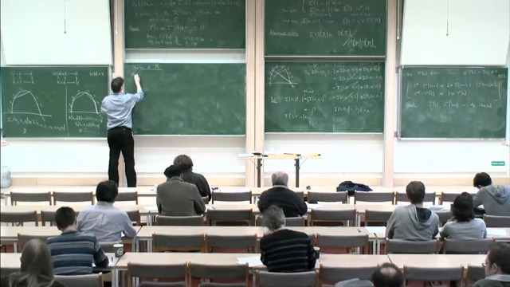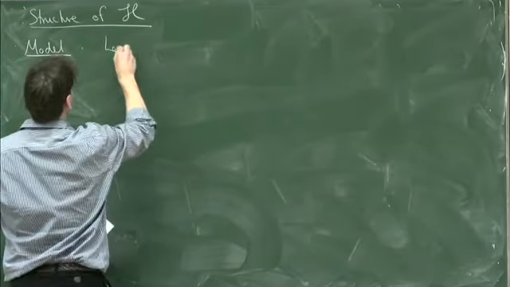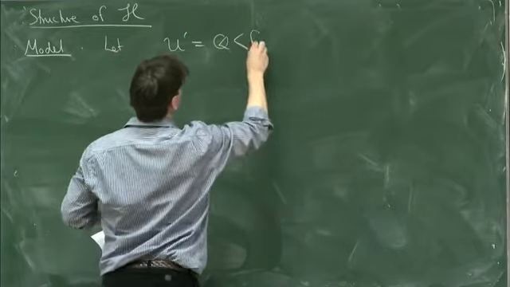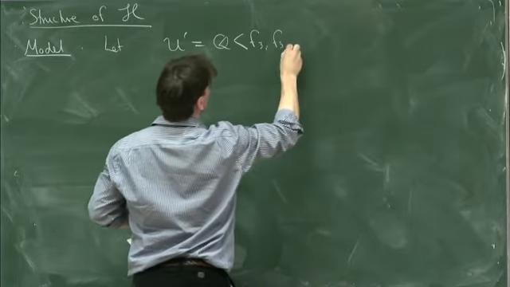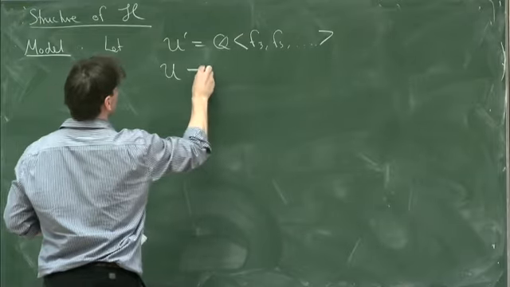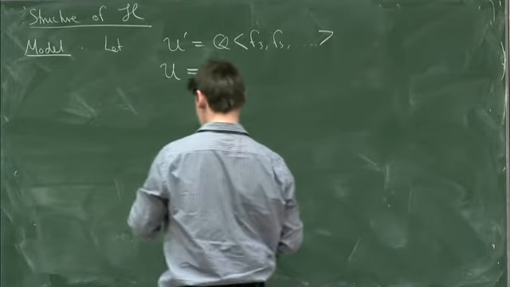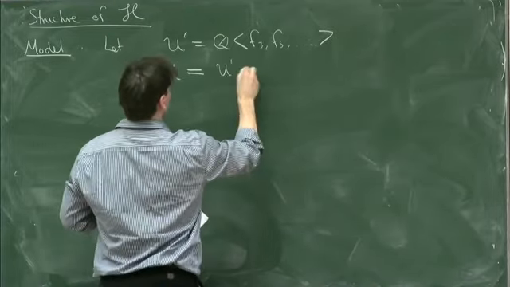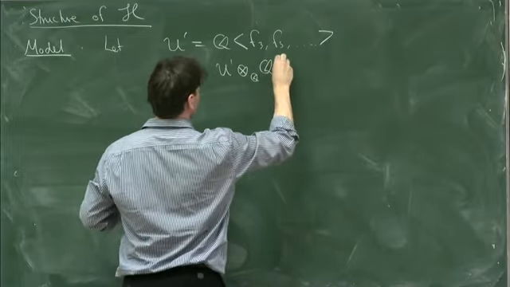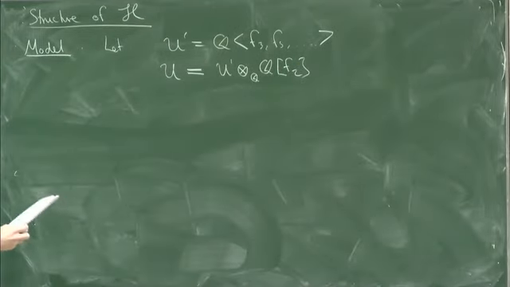Let me construct a model for it. Let U prime be this thing. You've noticed that zeta 2 plays some special role in this story, so let me consider this algebra.